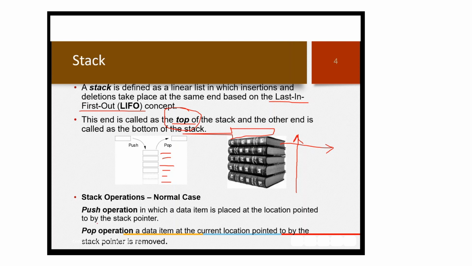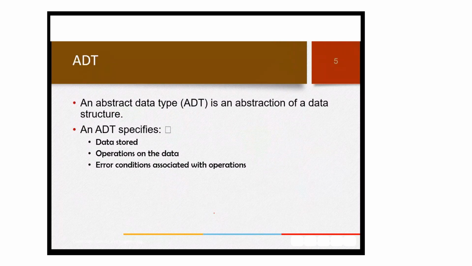So what is the meaning of push operation? It's putting a new data element. Pop is removing the existing one. So we can just design what is known as an ADT, abstract data type. So what do you mean by abstract data type? It contains the data, what are the types of data which we are going to store in the container, and what are the operations.